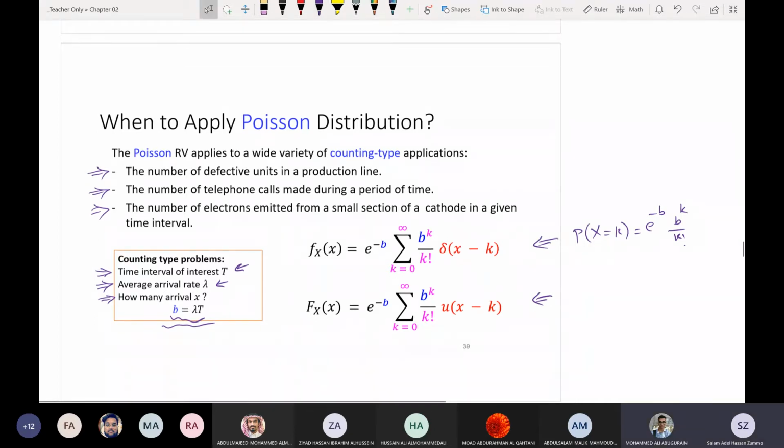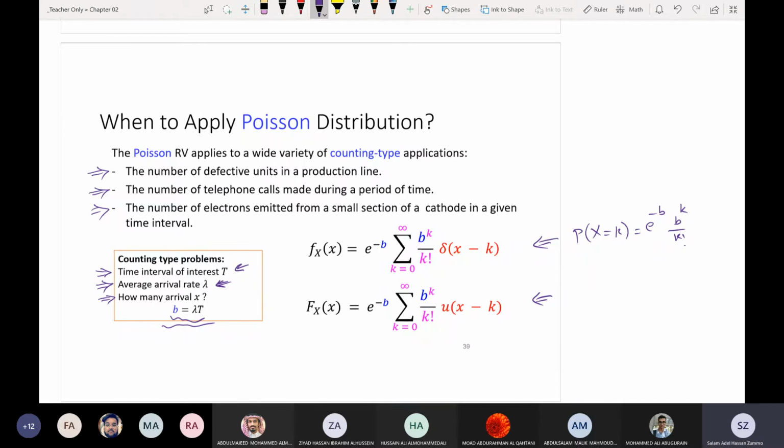Doctor, so we use the Poisson distribution whenever we are given a period of time and we want the trials in that period, right? Yeah, the number of arrivals, the number of defective, and so on. Yes. When we have a rate of happening and a specific time.